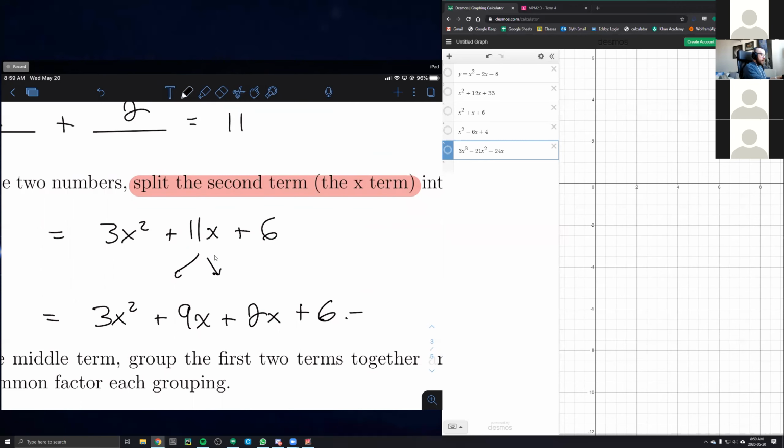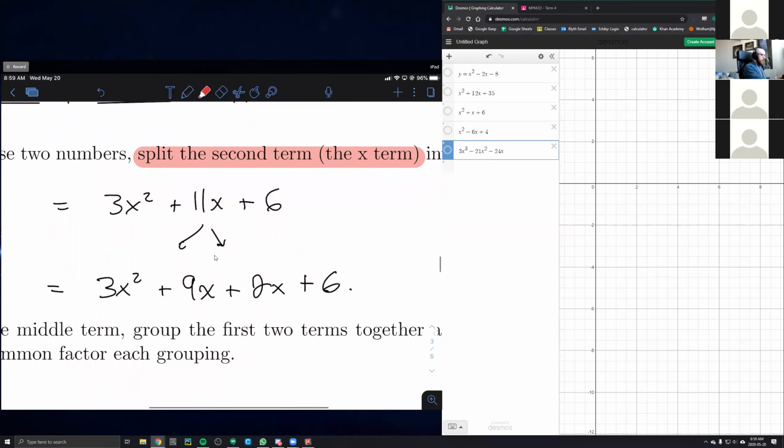All I did was rewrite it, splitting up this middle term into two terms, but it just adds back to get me the same thing, right? If I were to go backwards, nothing would change. I would just collect like terms, collect these two, and I would get 11x back, okay? So the key here is I'm not changing anything. If you find yourself starting to change stuff or adding stuff that wasn't already there, then you're going off on the wrong path, okay?